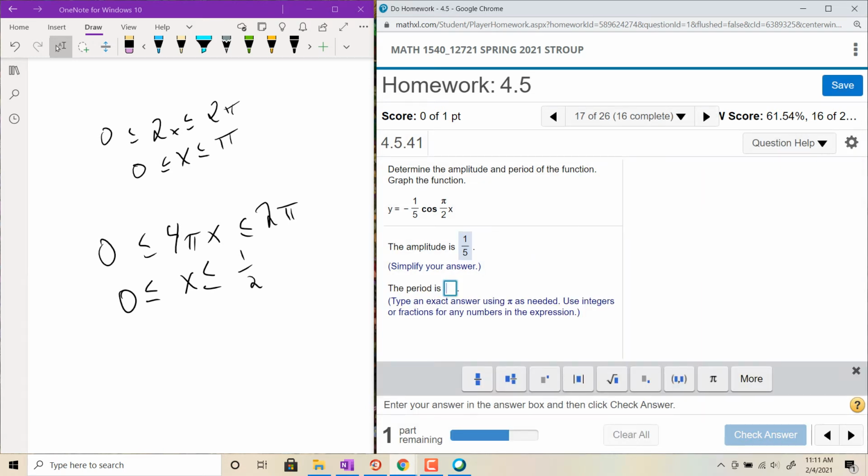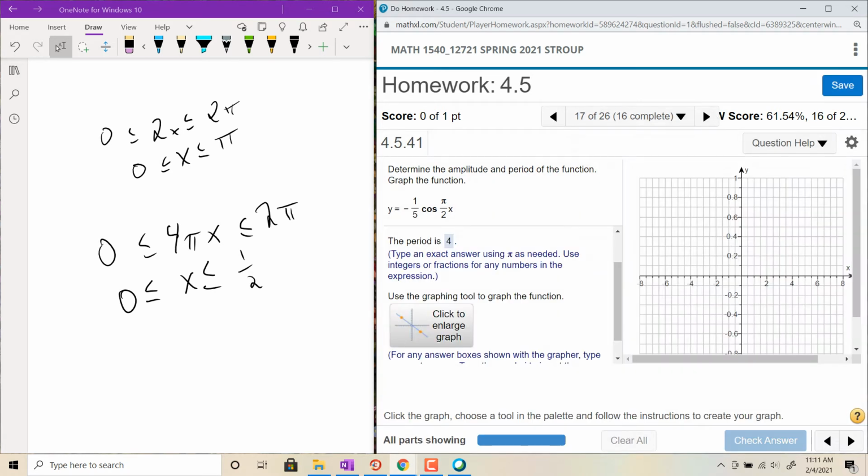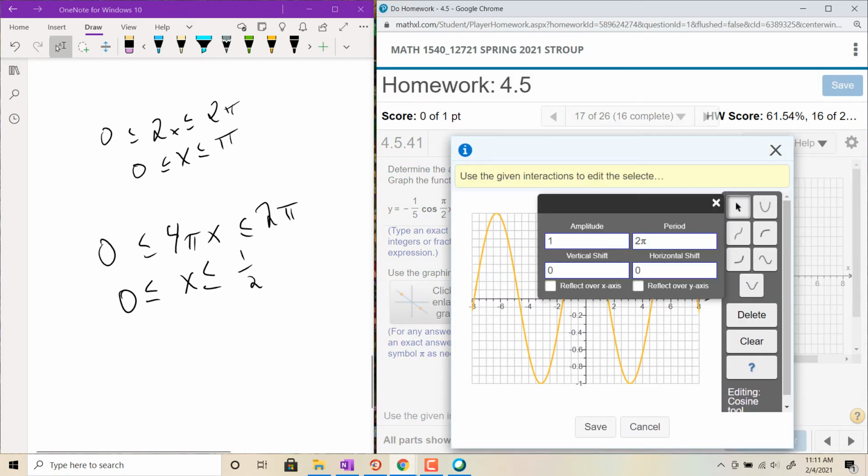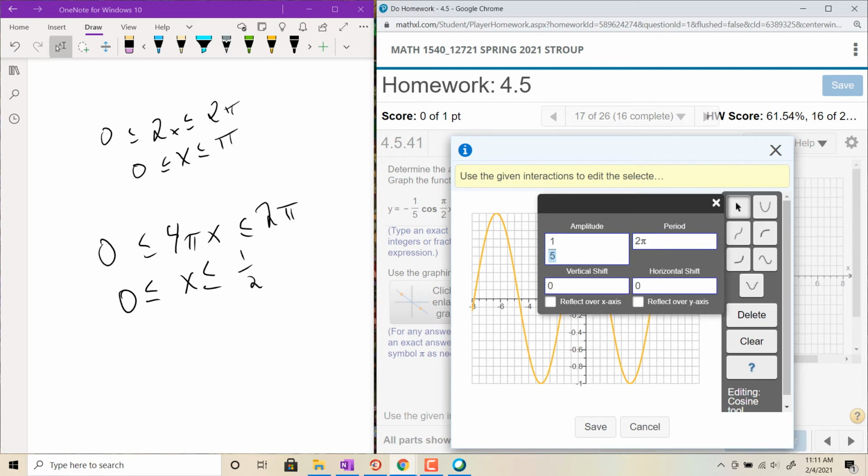Period is going to be 4. It's negative, so there's a reflection about the x-axis. And then the period, what the heck did I say that was? 4.